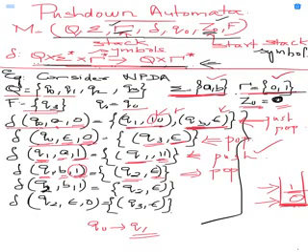So when b is encountered and 1 is on top of the stack, that 1 will be popped from the stack. Again in state q2, if b is encountered and 1 is on the stack, it remains in the same state, but a pop operation will be done. So in this function also a pop operation will be done.